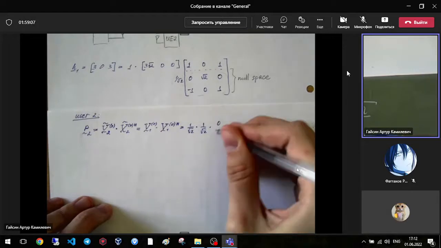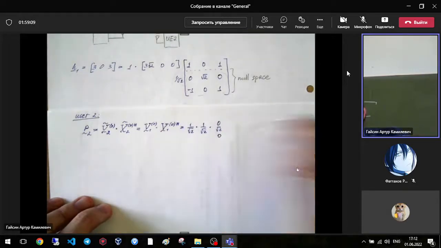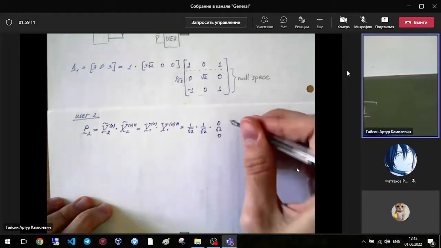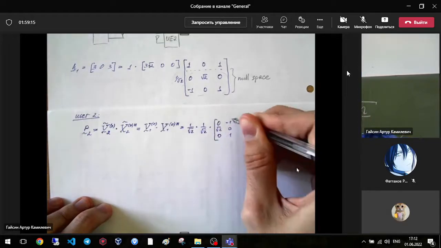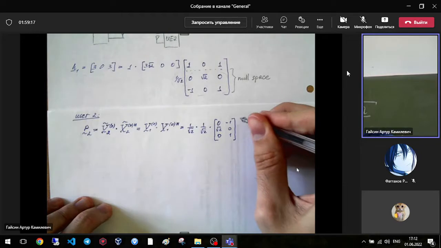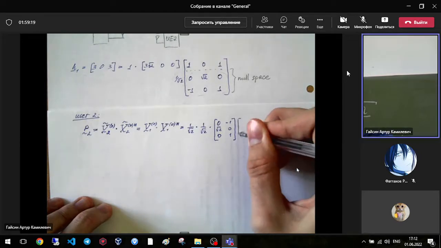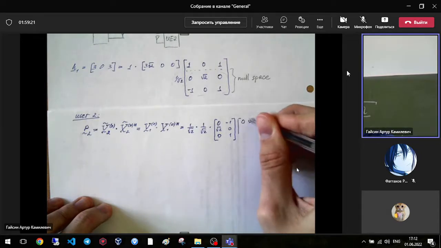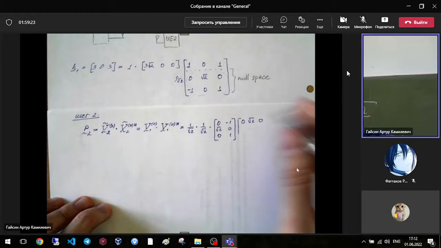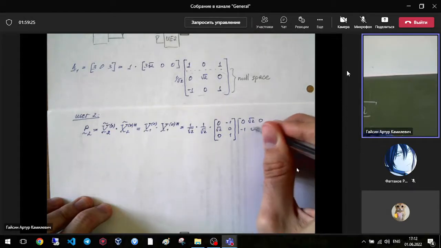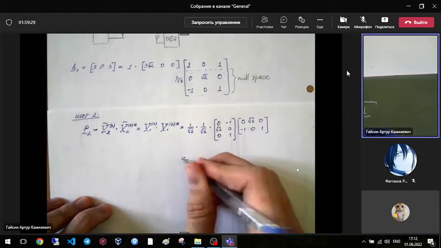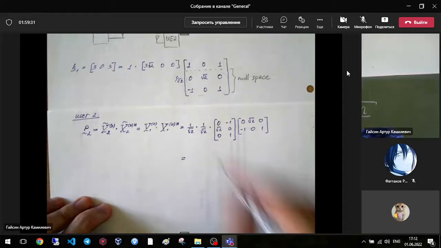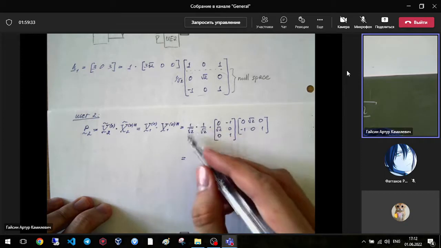So 0, square root of 2, 0, and second one, it is -1, 0, and 1. Then we multiply it by 0, square root of 2, 0, and -1, 0, 1. So we will have here 1 divided by 2 overall.